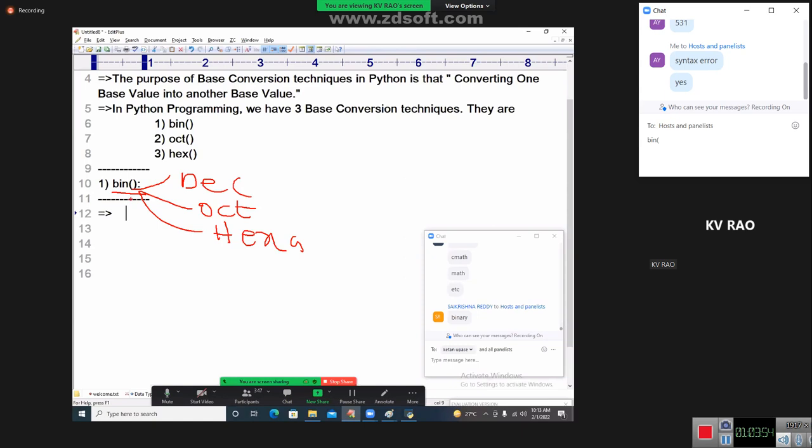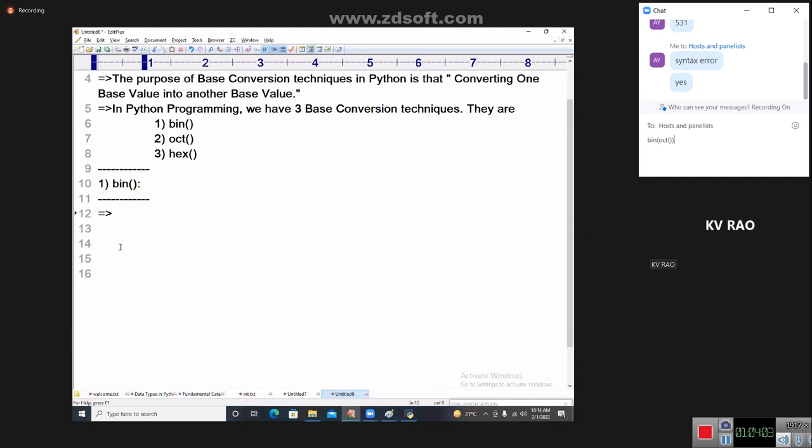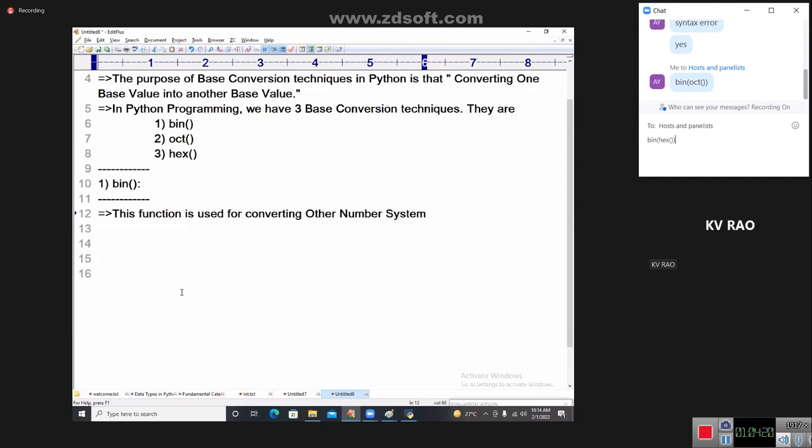So understand quickly: the bin of function can convert data from any other number system into binary format. Simple. This function is used for converting other number systems' data into the binary number system.